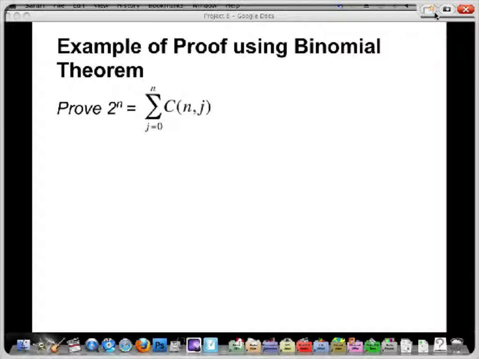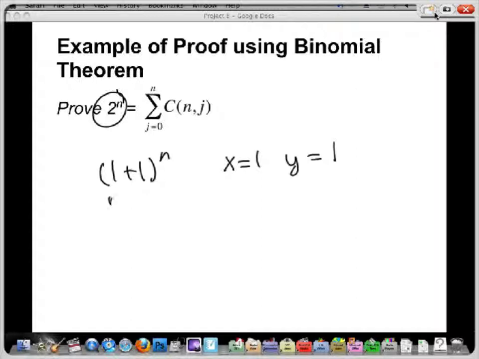Alright, so let's do a proof that uses the binomial theorem. We have to show that 2 to the n is equal to the sum from j equals 0 to n of n choose j. We see here that 2 to the n equals (1 plus 1) to the n, which is just a case of binomial expansion where x equals 1 and y equals 1.